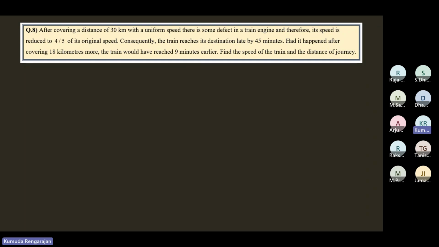So you know the two methods, the elimination method and the substitution method. And you also know the situation in which you have to use the special method to find the values of x and y.